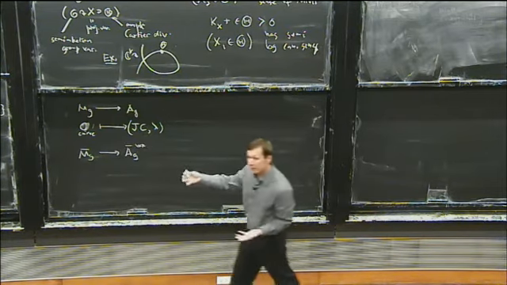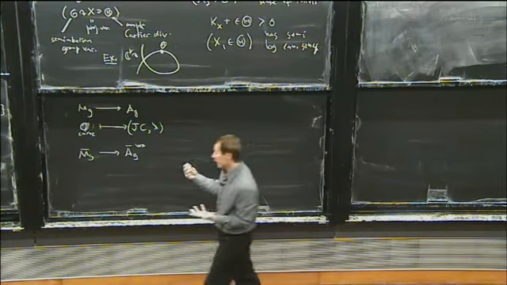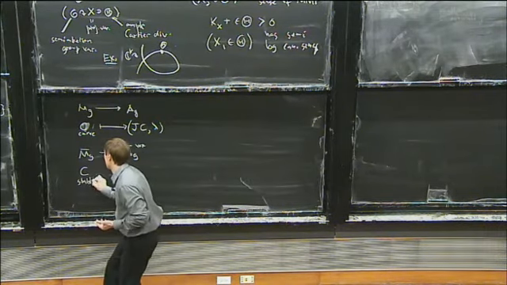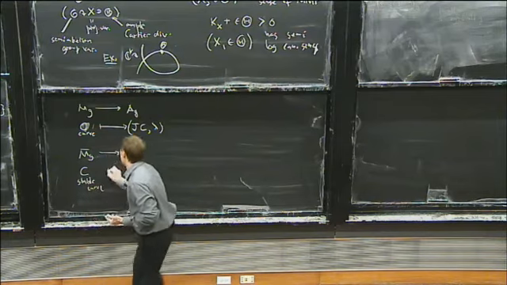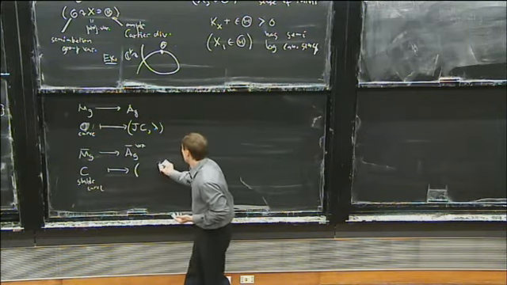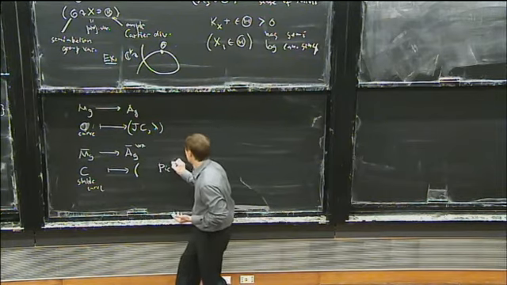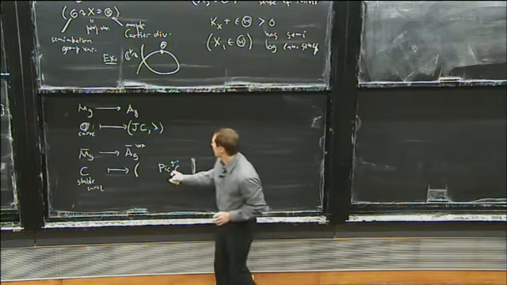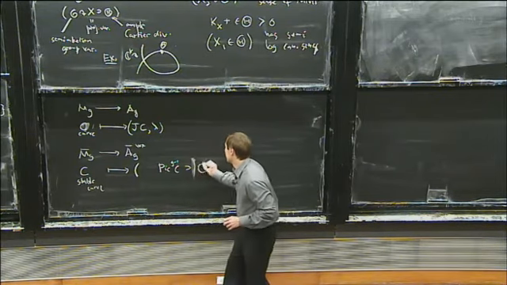And this extension has a geometric meaning. Namely, now you start with a stable curve, and you send it to its Jacobian, but you want an abelian variety with a theta divisor.